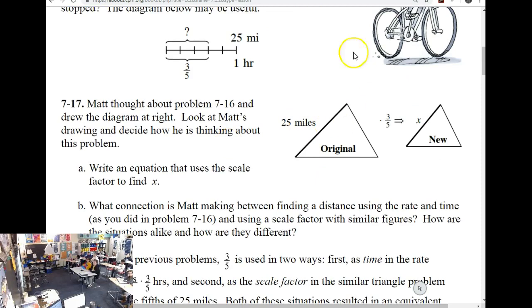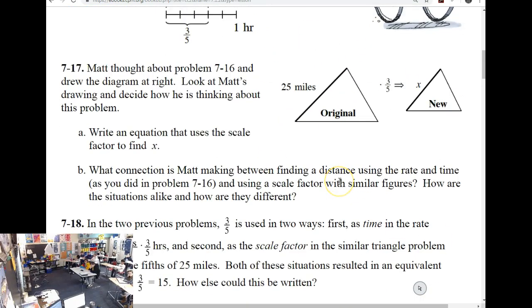If we apply that to geometry, and you don't really have to write anything for this one, if you are told that a new shape is 3/5 of an original, we do the same thing. You just take your 3/5 and multiply it by 25. And like Riley told us, it's easiest if we make them both fractions, because the 25 and the 5 work well together.